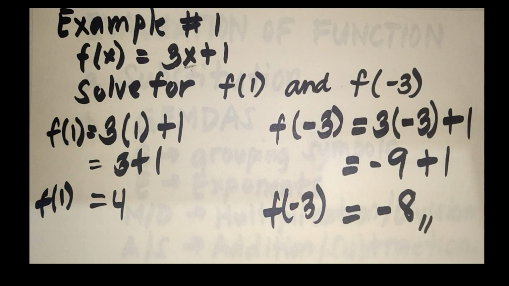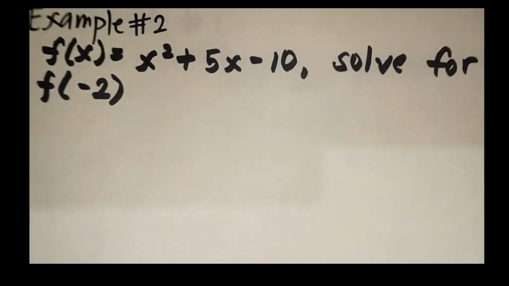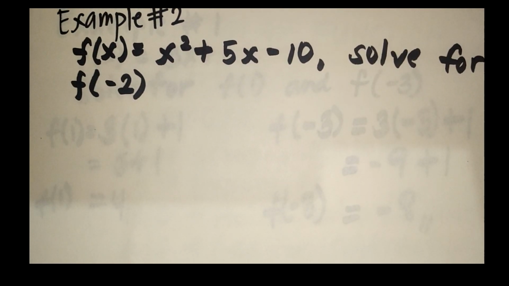Okay, next, example number 2. So we have f of x is equal to x raised to 2 plus 5x minus 10. Solve for f of negative 2. So again, same procedure. Palitan muna natin lahat ng variable ng kanyang value.